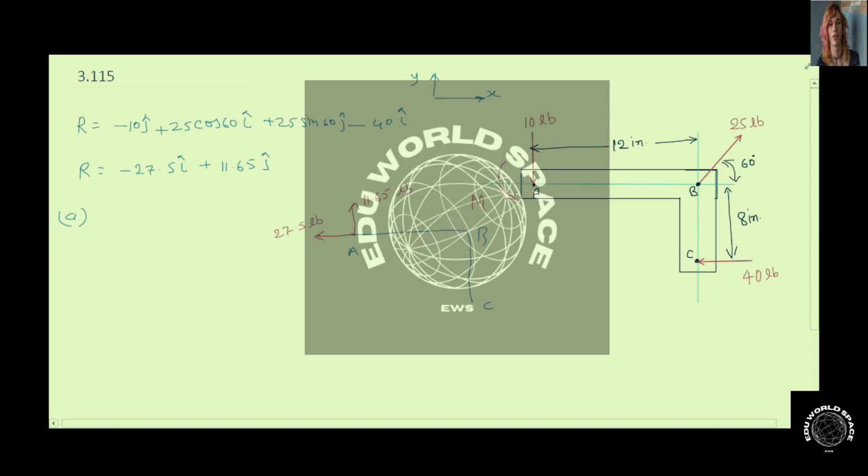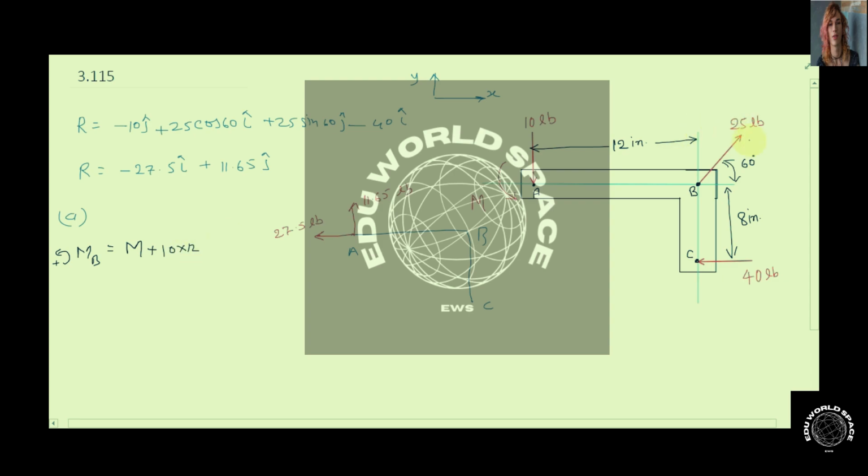So we calculate the moment about point B in the actual diagram, considering the anti-clockwise direction to be positive. This M is already in anti-clockwise direction, so this will be M, and this 10 pound force will cause an anti-clockwise couple, so this will be plus 10 multiplied by 12.